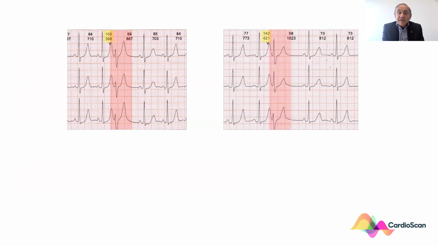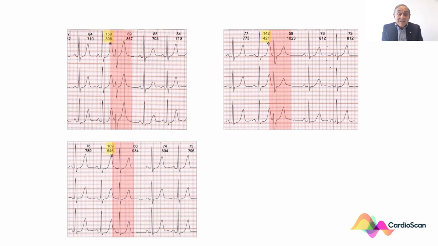If it occurs a fraction later, one can see already the R waves are developing similar to the sinus-generated QRS complexes. A slightly later ectopic, and we can see that now the QRS is identical to the sinus-generated QRS, and we can actually see a P wave.